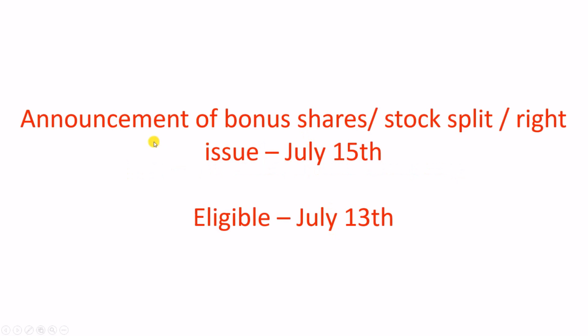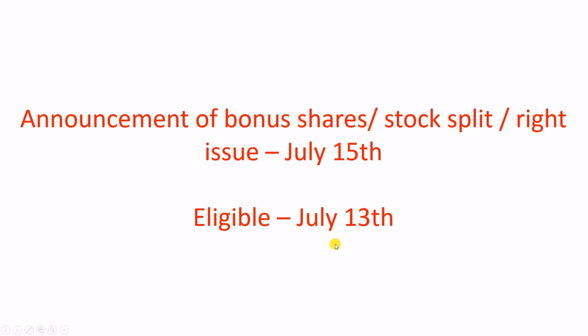Now, if the company announces bonus shares or stock split or rights issue on July 15th, just a random date, then it will give a deadline before which the person must be having the shares of the company. Okay?